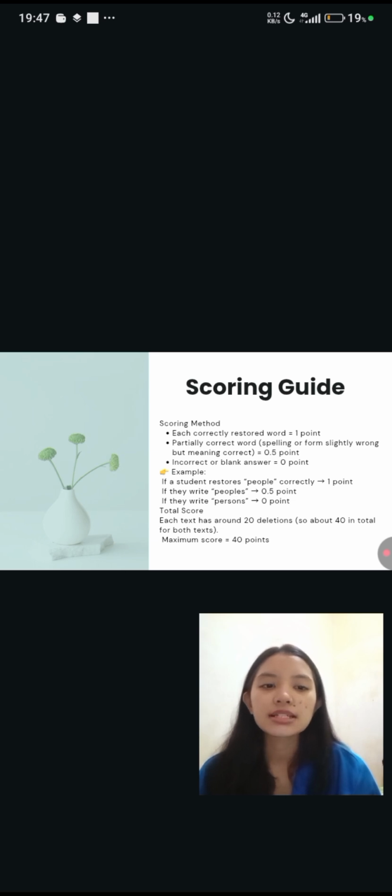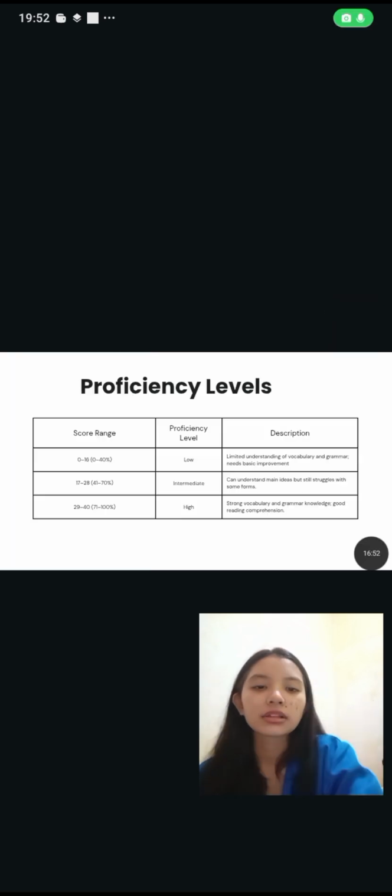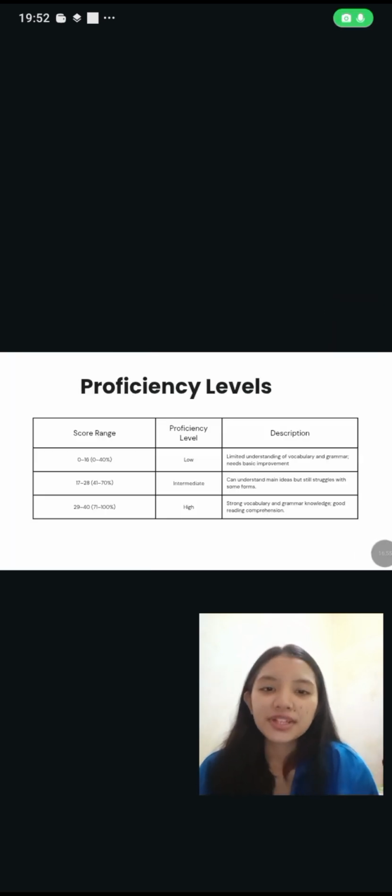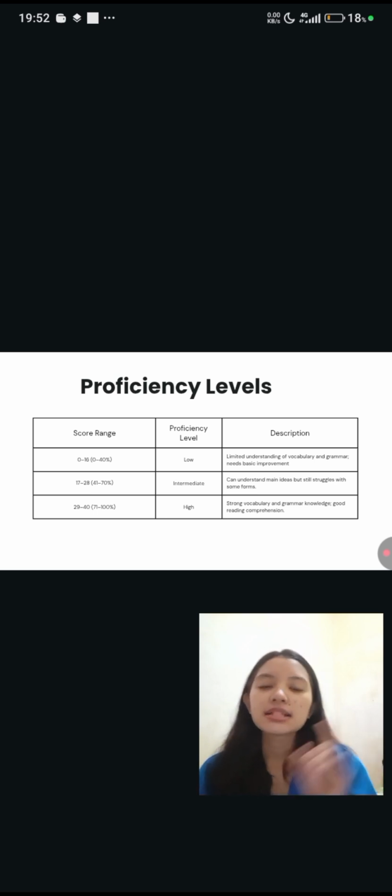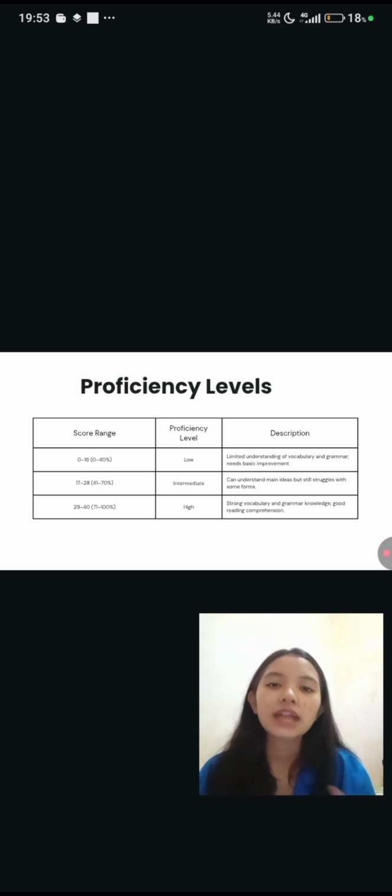And the proficiency levels can be divided like this: 0 to 16 points, low proficiency; 17 to 28 points, intermediate; 29 to 40 points, high proficiency.